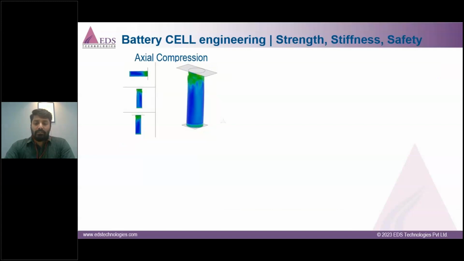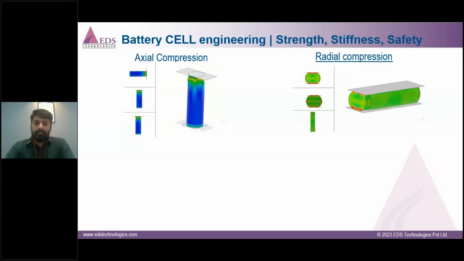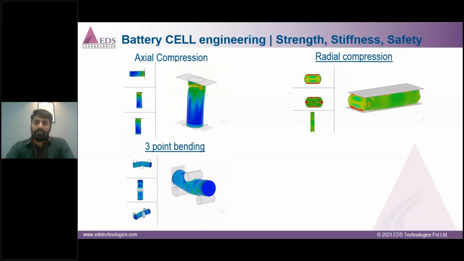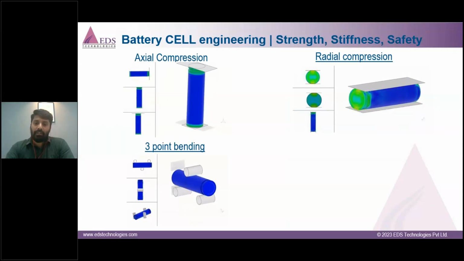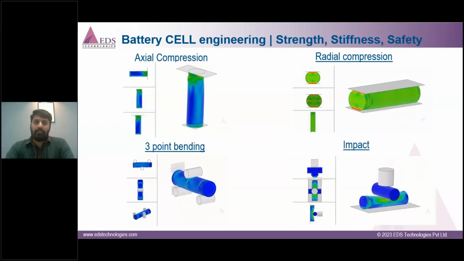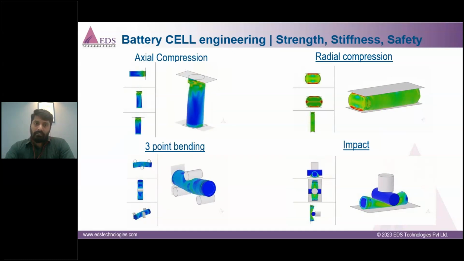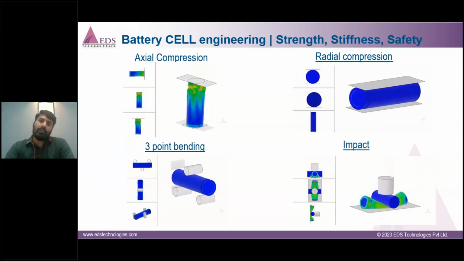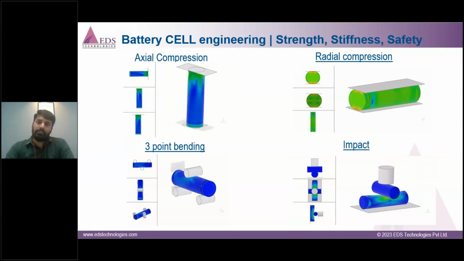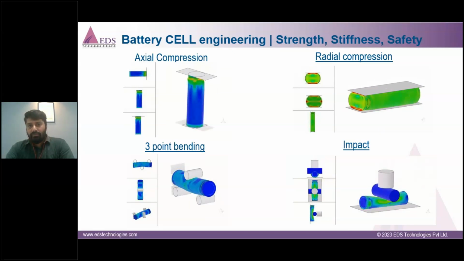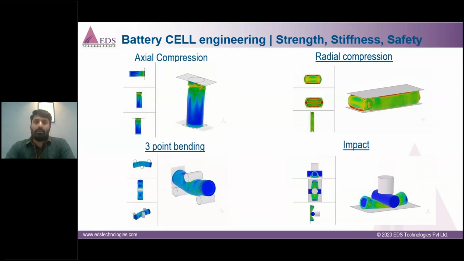When it comes to the cell level, as I mentioned before, you can very well perform all the famous mechanical tests, be it an axial compression, a radial compression, or a three-point bending, along with the impact test. At the cell level, you can study in detail and assess the characteristics of the individual cells, and how they are going to perform under your dynamic loading conditions.